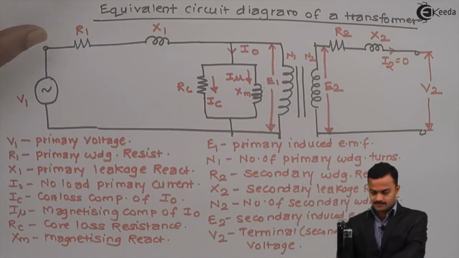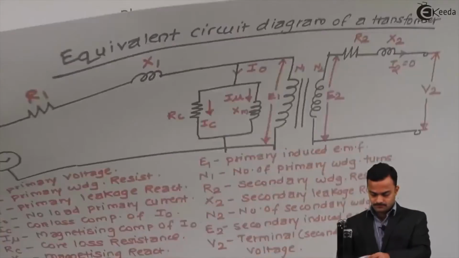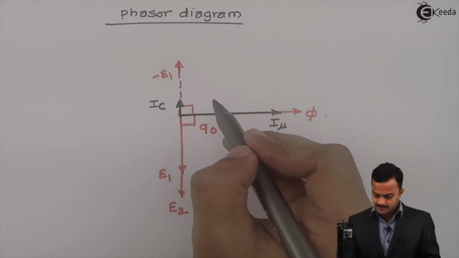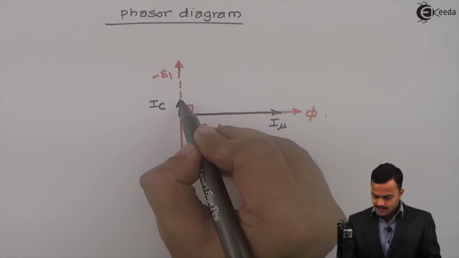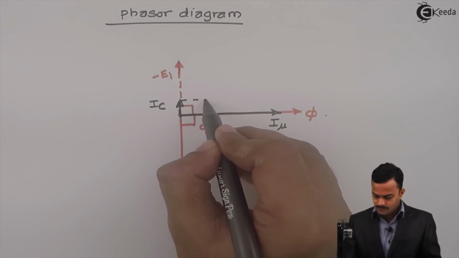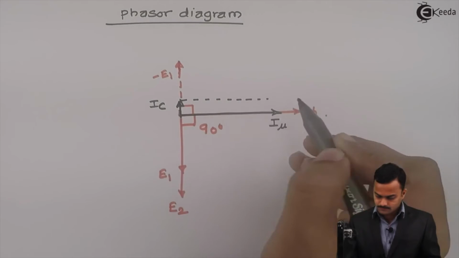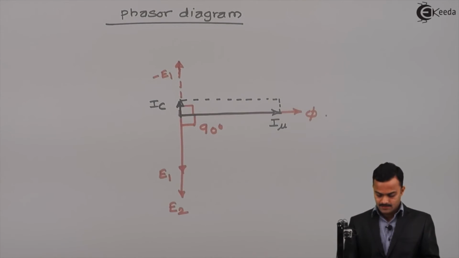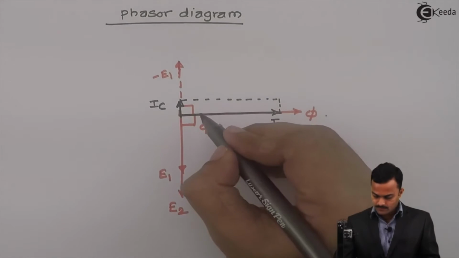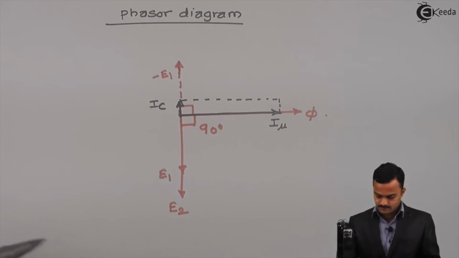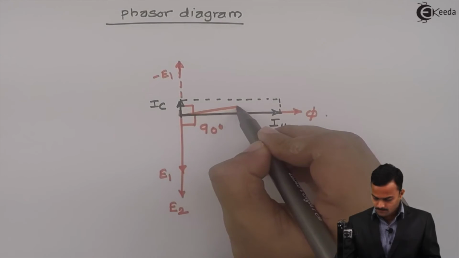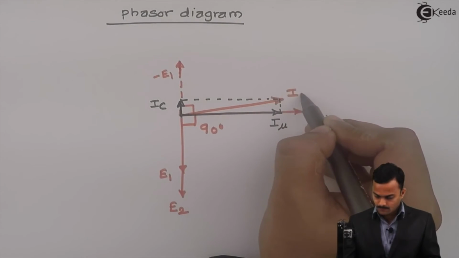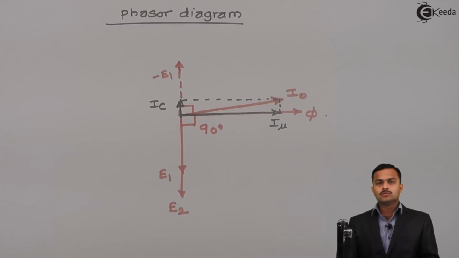Obviously it's a phasor addition. So if I add IC and I mu, I will get current I0 like this, which is no load primary current.